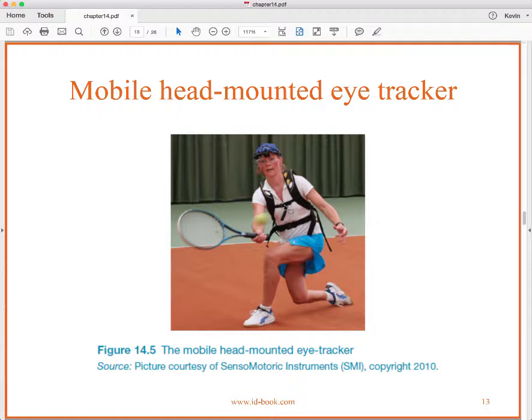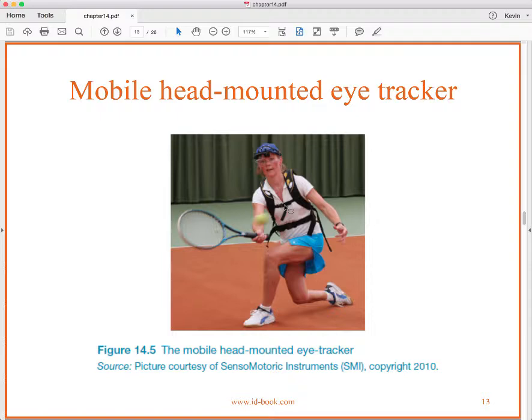Probably we would be time syncing this with coverage of another camera. So ideally what we would want to be able to do would be to see the ball coming into the racket and see what the eyes are doing. Do they track the ball all the way in?